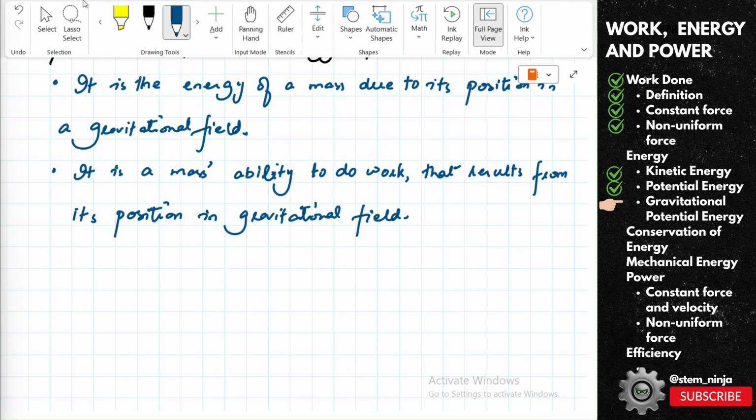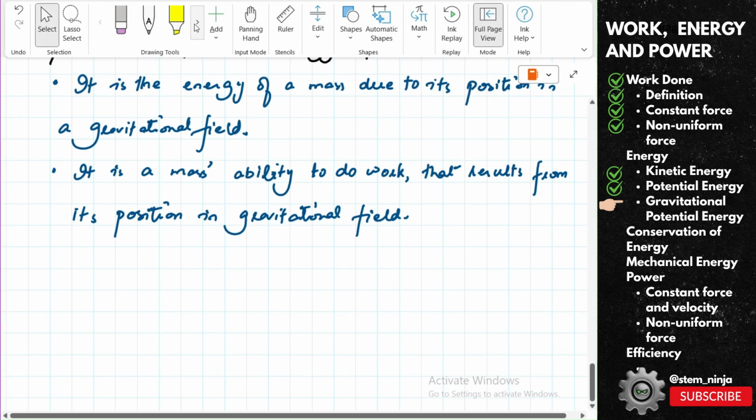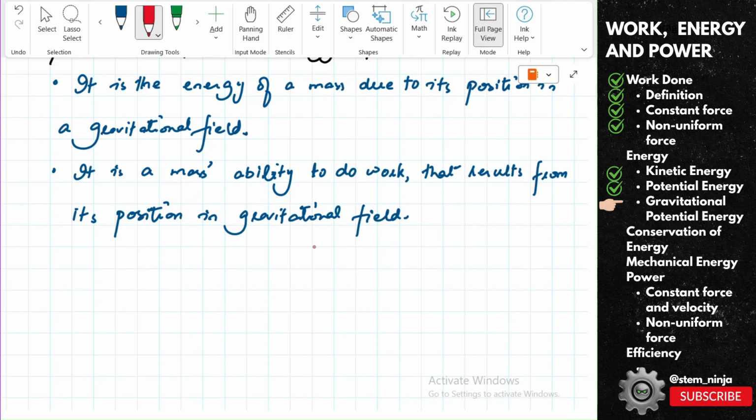Now, obviously there is no shortage of ways we can describe that. So for example, it is the gravitational field between the two objects also that you could say.